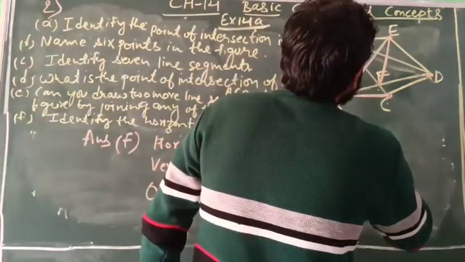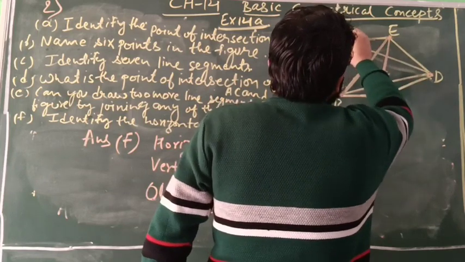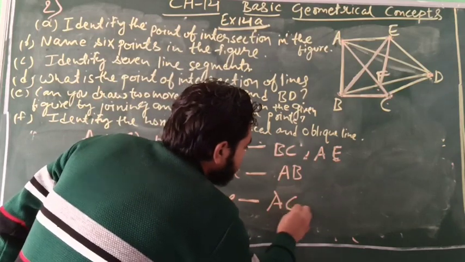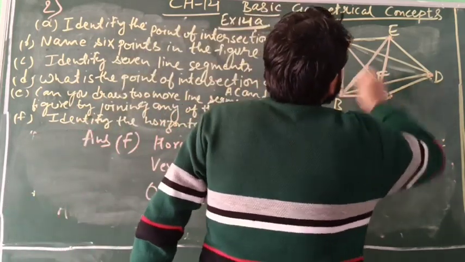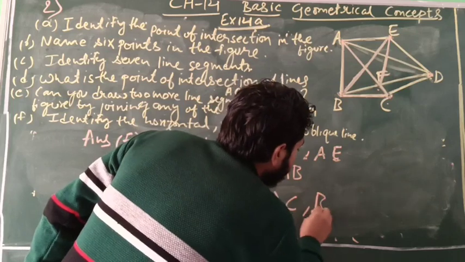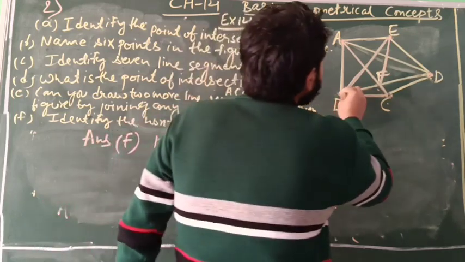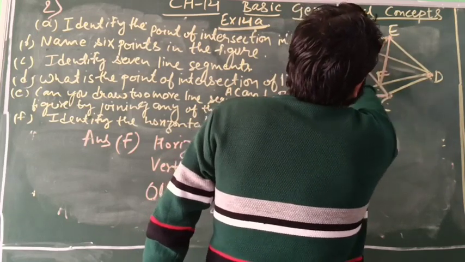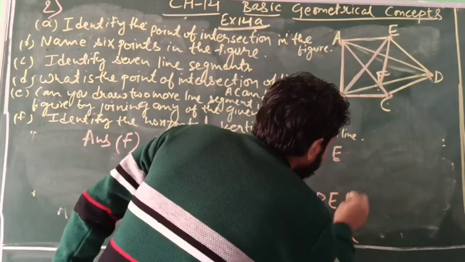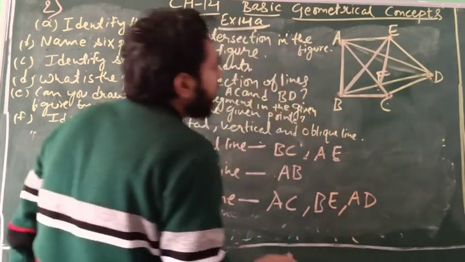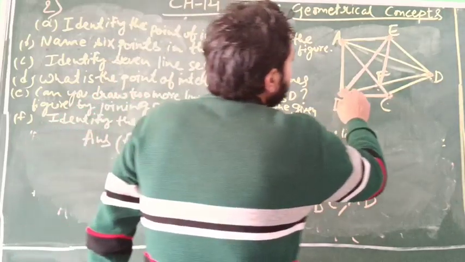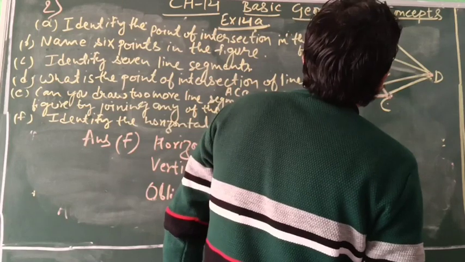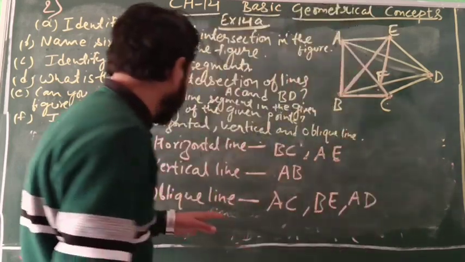So here you see that AC is an oblique line, BE is an oblique line, and here you see that AD is also an oblique line. BD is also an oblique line, but we just write only 3 lines.